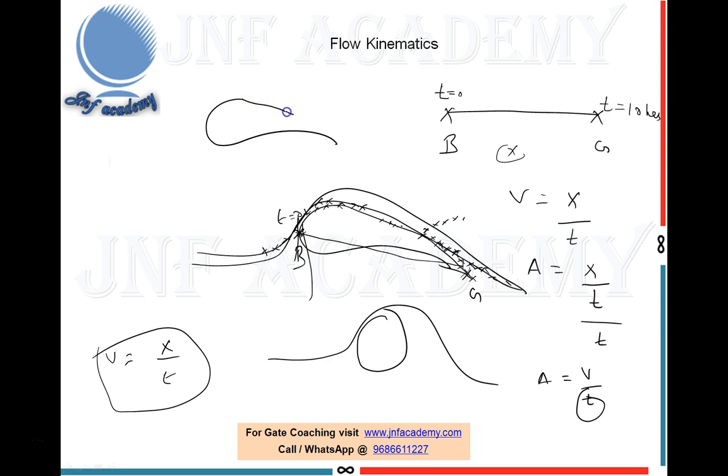If an aerofoil is like this, and this is x1 comma y1, and this is x2 comma y2, the velocity at x1 comma y1, and the velocity of the same fluid particle when it comes here, will be different because of the convecting nature of the fluid. It will convect through this solid object. Because of the shape of the object, it will get accelerated or decelerated, depending on the shape.